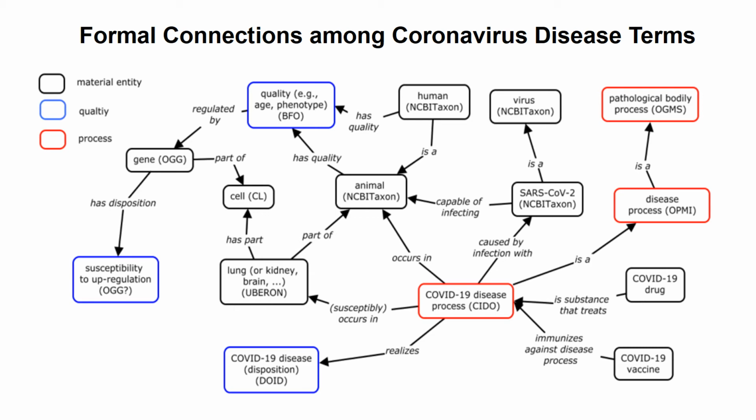And then we can also have the drugs and the vaccines. So all these things can be put together, and each box can be its own hierarchy, or its own ontology, but we put them all together in a logical way.